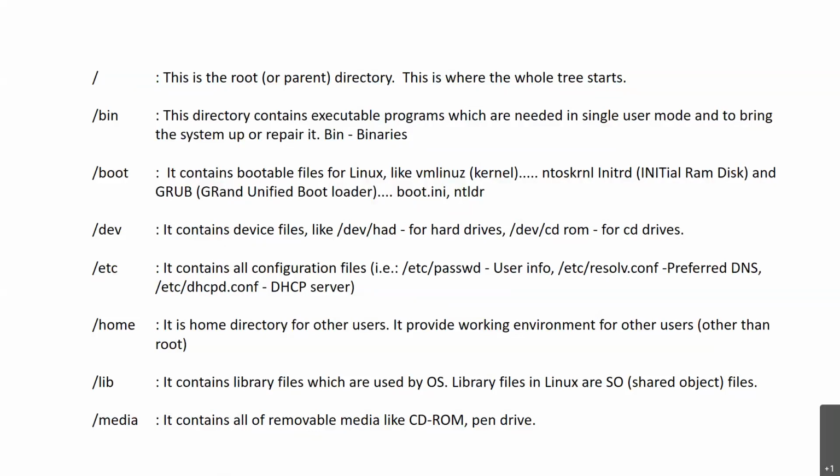And slash boot. It contains bootable files for Linux like vmlinuz, kernel, and initrd and grub. And slash dev. It contains device files like dev/hda for hard drives, dev/cdrom for CD-ROM.